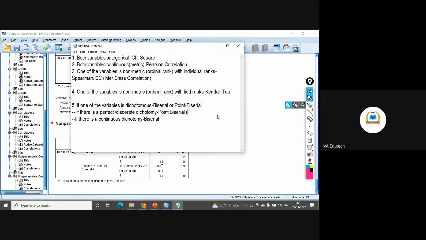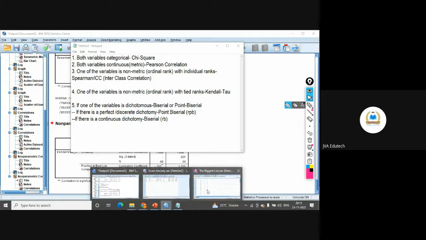If there is a continuous dichotomy, which is very rare, then we use biserial. The method for both is the same. Only the notation differs: we denote point biserial by r_pb, and biserial by r_b. That's the only difference. For that matter, I'll give you one example.